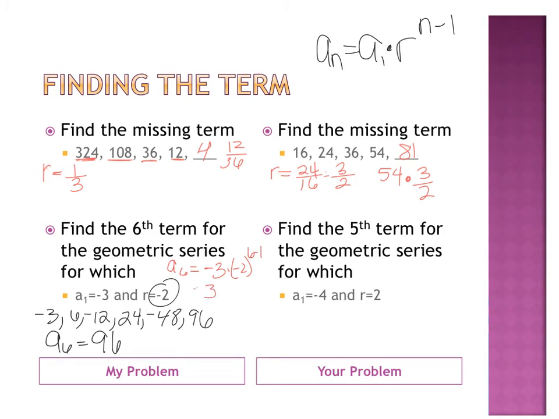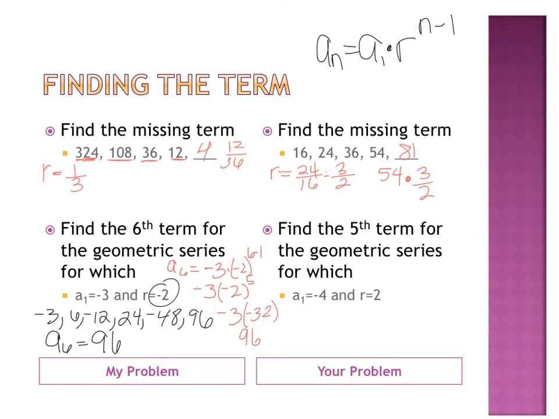So negative 3 times negative 2 to the 5th power, which is negative 3 times negative 32, which is positive 96. So the formula is nice when we want to find a big term, right? We could do 6 by hand, but if it was like 30, if I want to find the 30th term or the 50th term, I definitely want to be using the formula and plugging in that number for n.